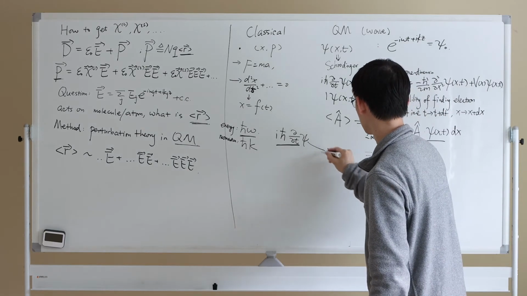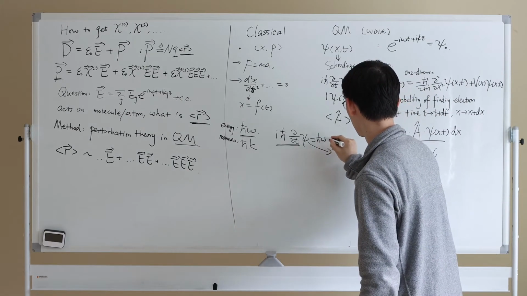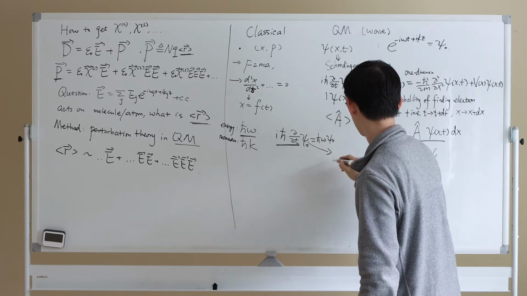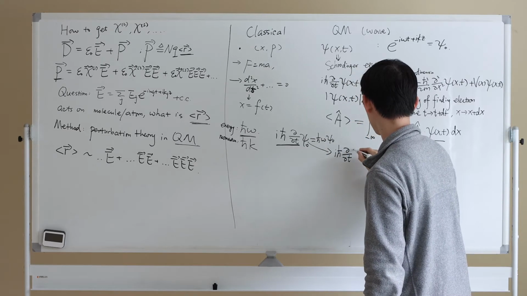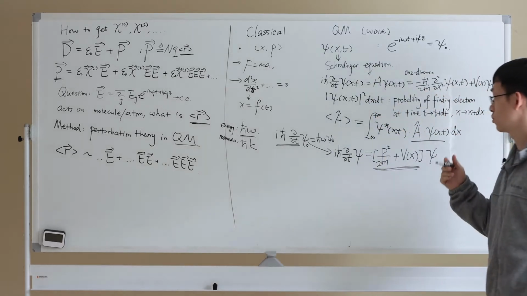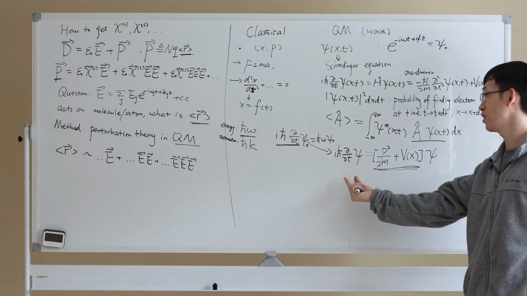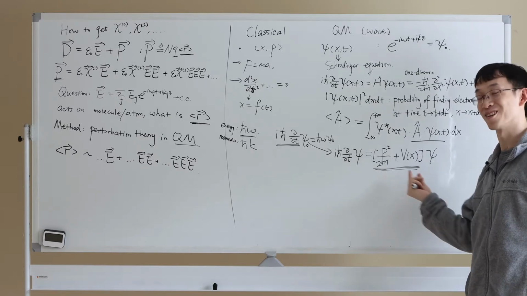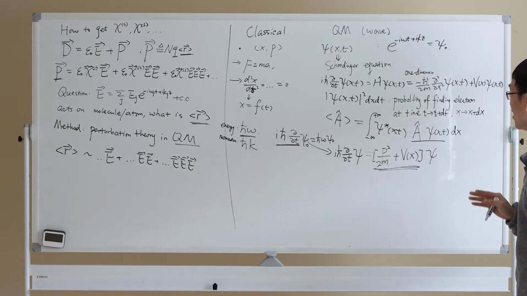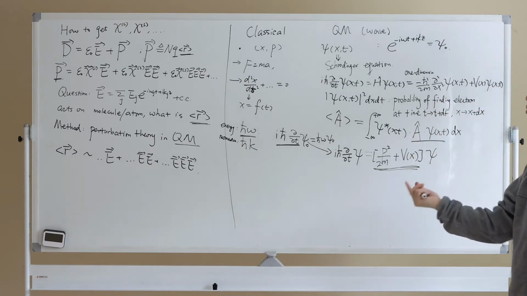Let's write it down here. So what the Schrodinger equation is, is energy equals energy. It's that simple. And this is the idea of how Schrodinger built this equation.